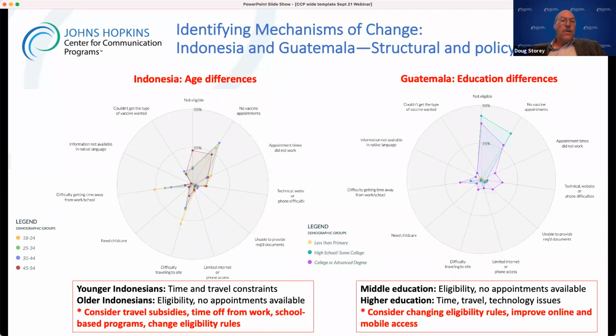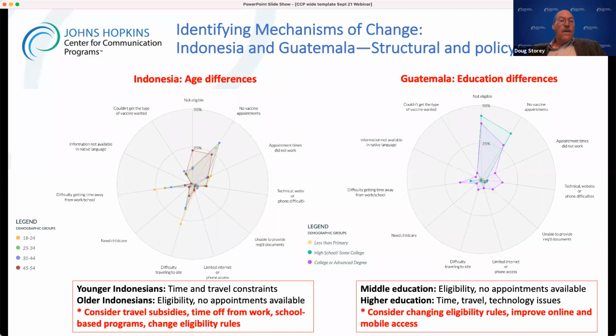And in these two figures, again, we can look at, in the case of Indonesia, age differences and the barriers that people in different age categories experience. This figure shows that if you look at the yellow dots, younger Indonesians tend to report more difficulty with time and travel constraints compared to other age categories.